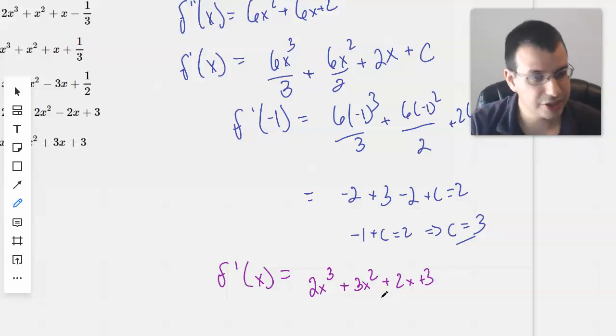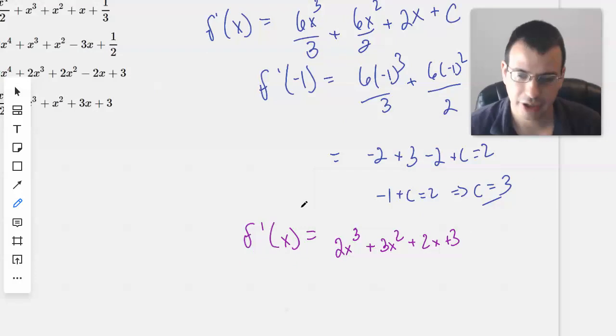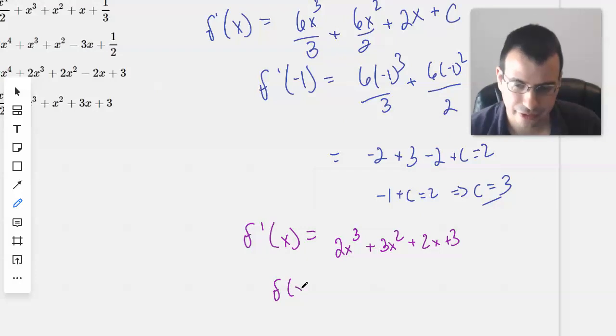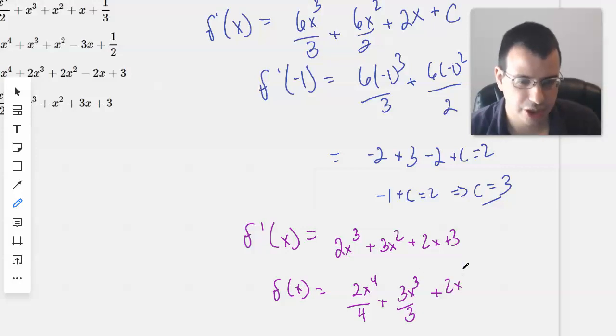Okay, now we need to take the integral one more time, and we'll get f of x. F of x equals 2x to the fourth over 4 plus 3x cubed over 3 plus 2x squared over 2. This looks fairly convenient. Plus c.